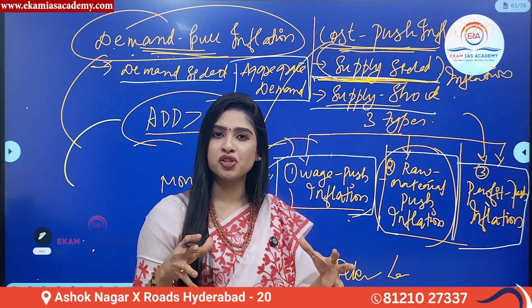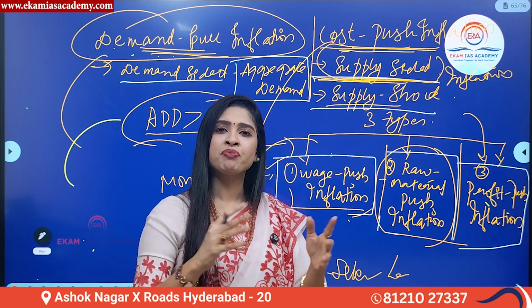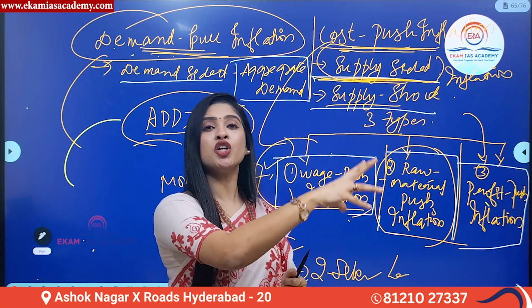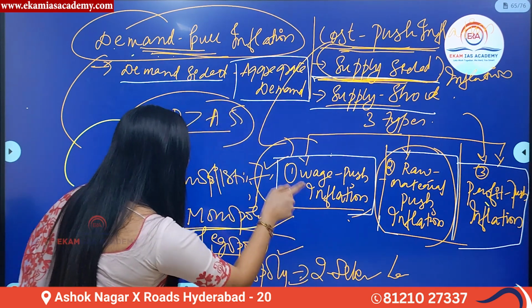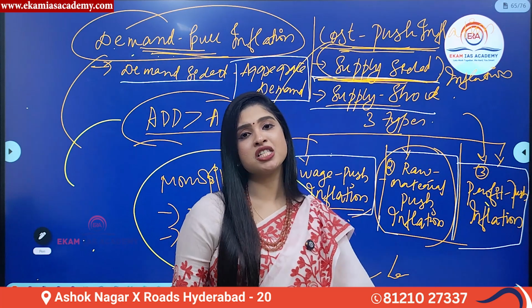So they can arrive at a conclusion and decide on the artificial scarcity of the commodity. And slowly and gradually, prices can be increased. If they want to increase the profit, they follow this particular approach. So only in these types of markets is profit push inflation possible.